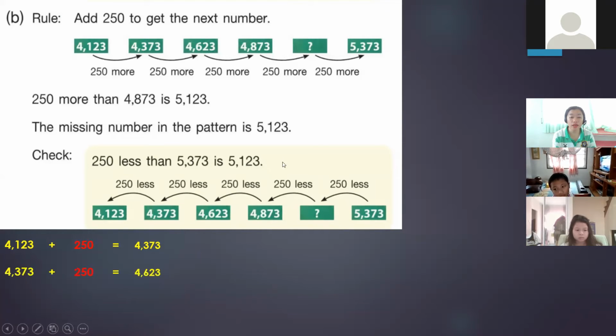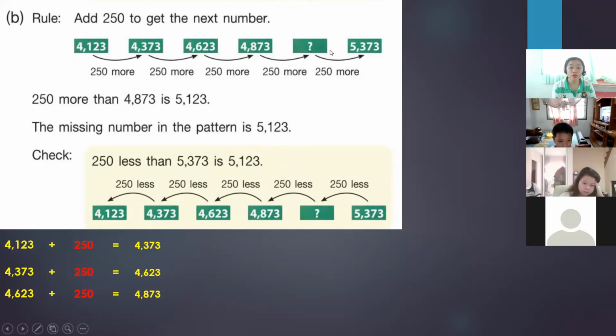And then next we have 4,373 plus 250 is equal to 4,623. Okay, 4,623 plus 250 is equal to 4,873. So what is the missing number in this pattern?